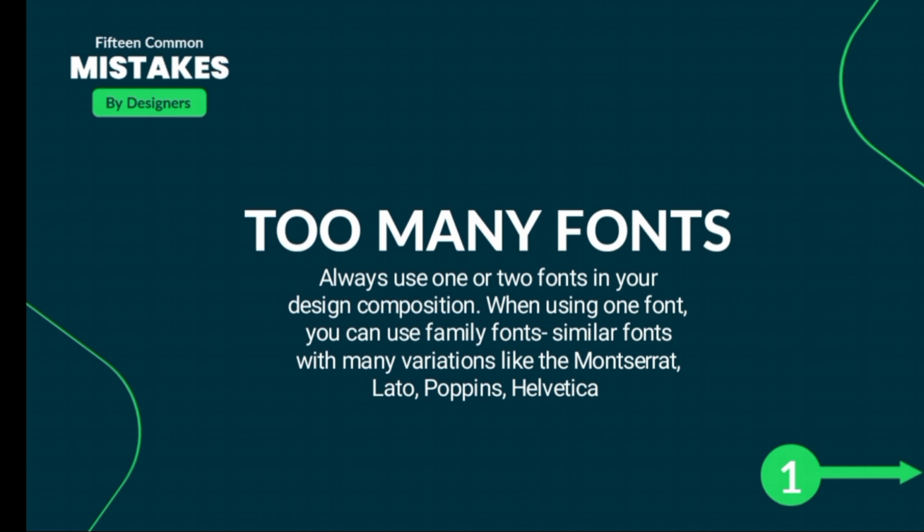Okay, so when you are using one font, you can actually use a family font like your Montserrat, your Lato, your Poppins, and your Vertical. These are family fonts. This type, they have varying weights, same font but varying weight. Like you can have a Montserrat typeface having the regular, the medium, the semi-bold, the italic, the heavy, and all of that.